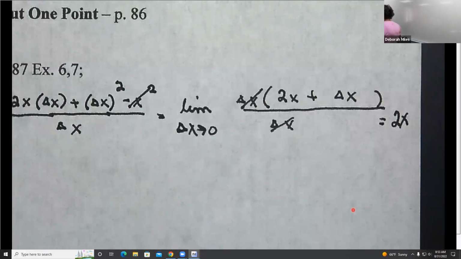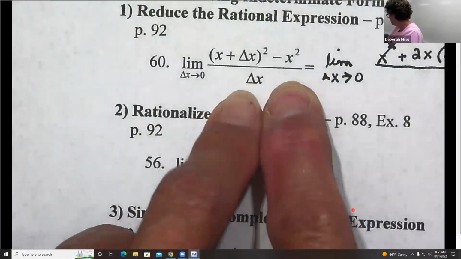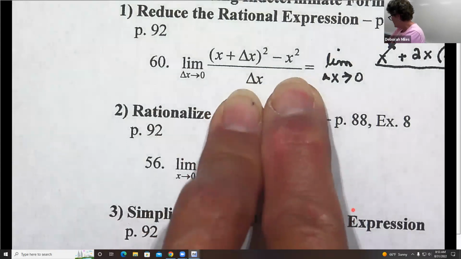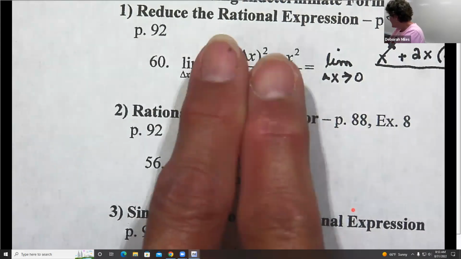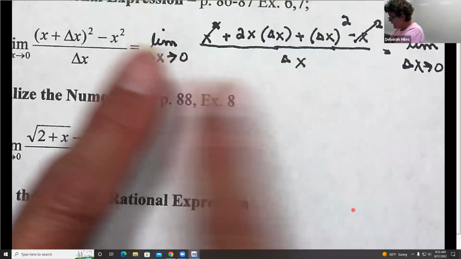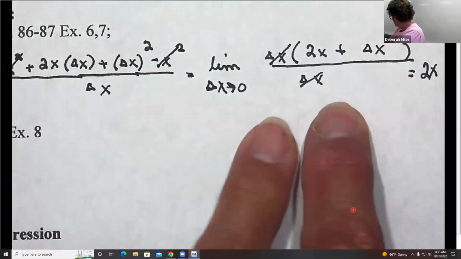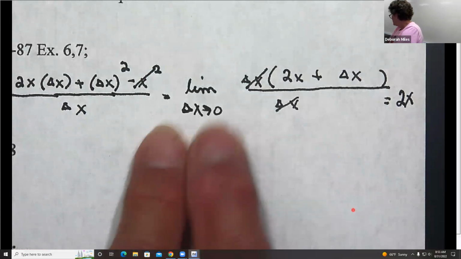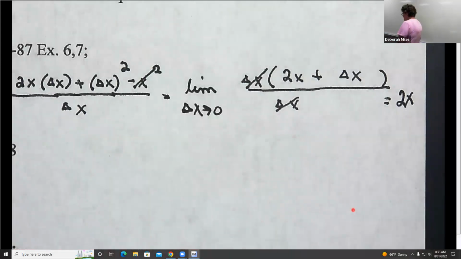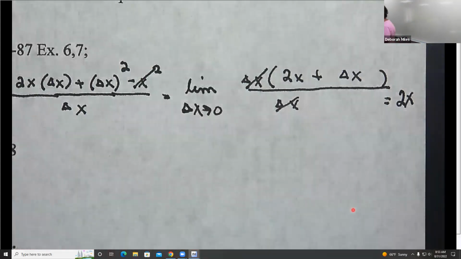Right now, that's the difference quotient. This is the difference quotient using a delta x instead of an h. You've simplified the difference quotient. Now you're taking the limit of the difference quotient. And then in chapter 3, you're going to find out the limit of the difference quotient is the definition of the derivative. The biggest thing in calculus.